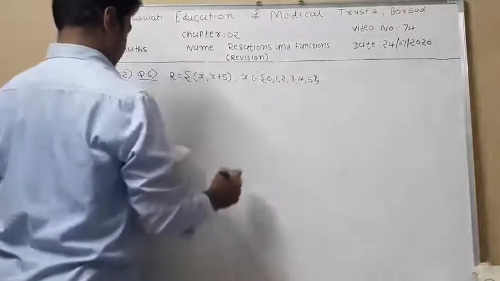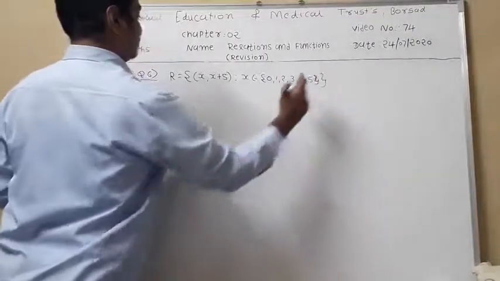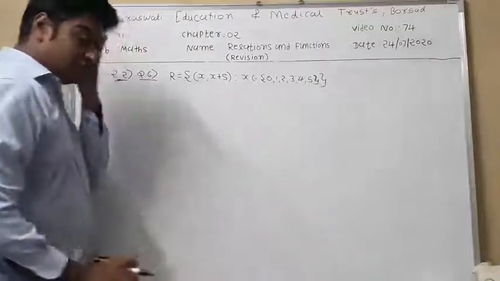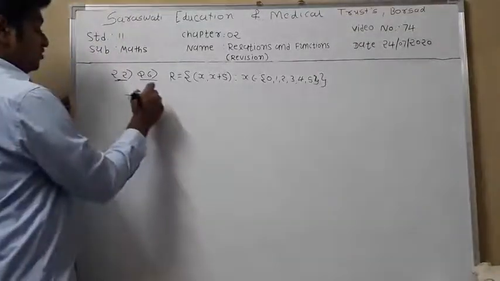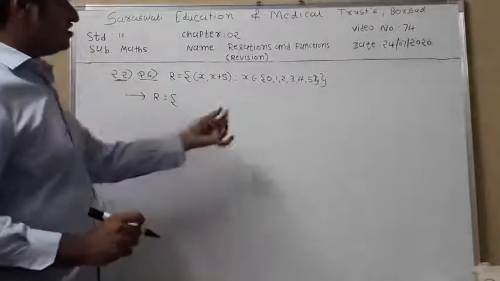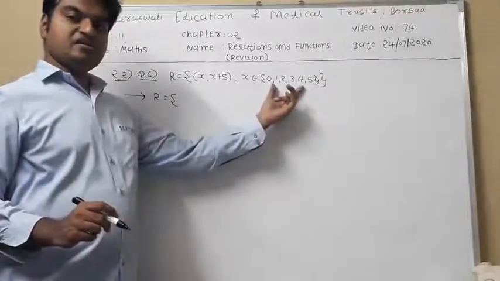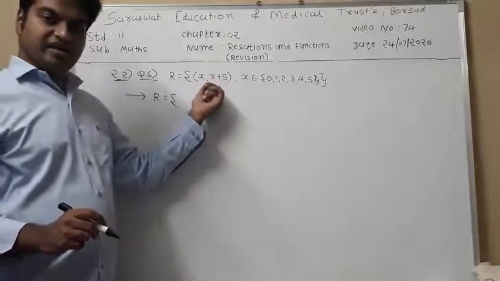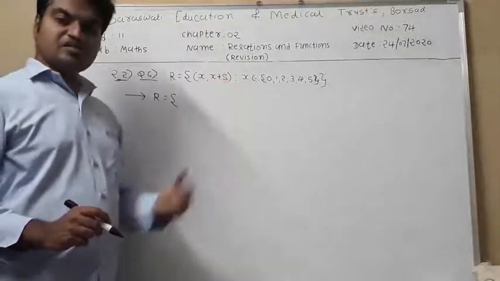Set over. Our question is to find the domain and range of this. So first of all, R is equal to the set, where a total of 6 elements are present in x. Now the condition is that the first position is x and the second position is x plus 5.